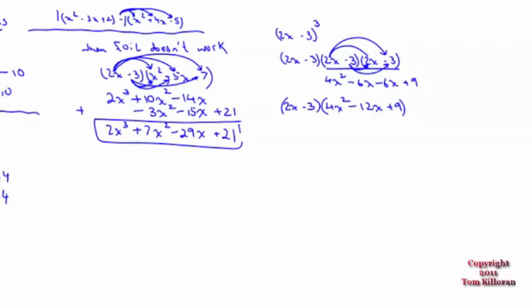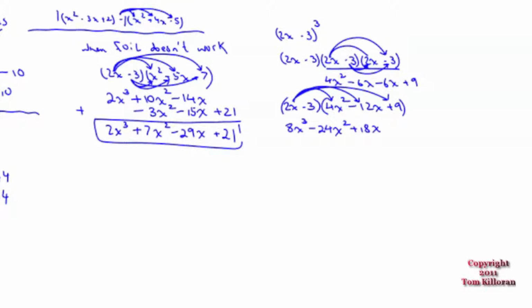All right. And then just distribute 2x minus 3 over 4x squared minus 12x plus 9. So 2x times 4x squared, 8x cubed. 2x times negative 12x, negative 24x squared, be careful of your powers. 2x way down here times positive 9, plus 18x.